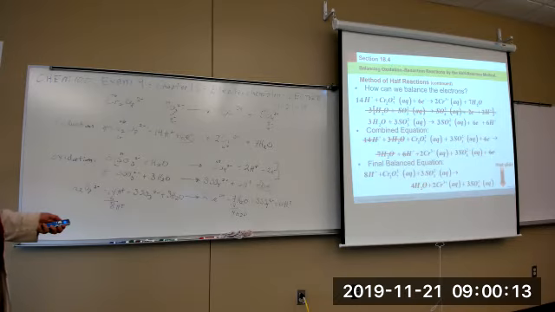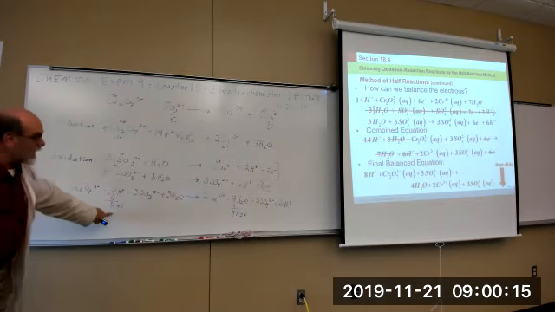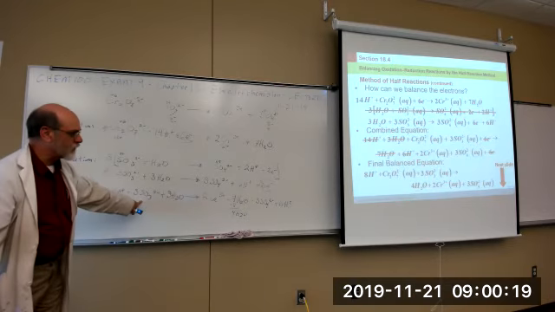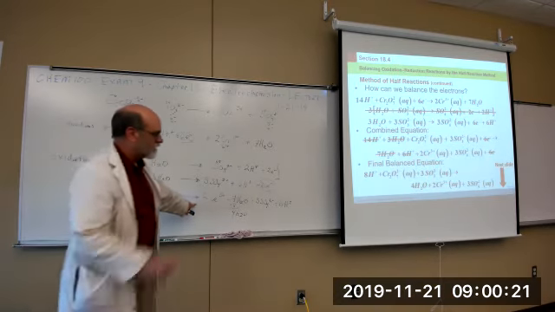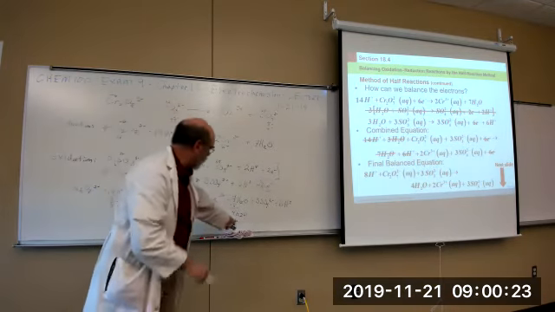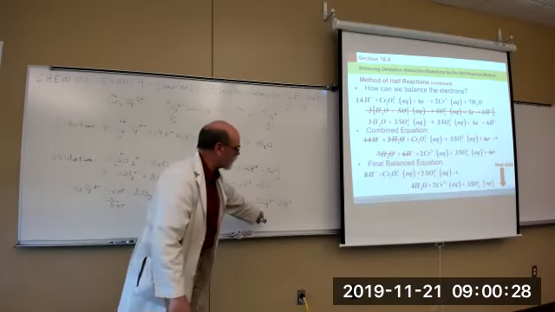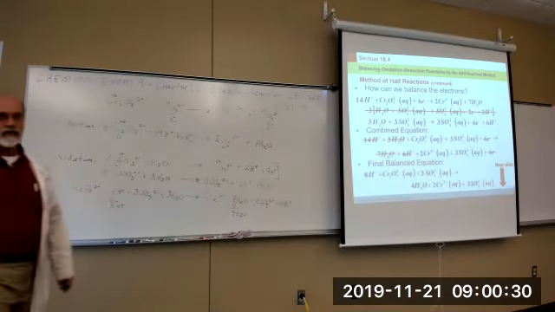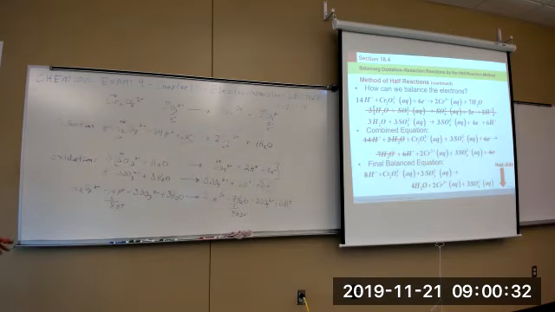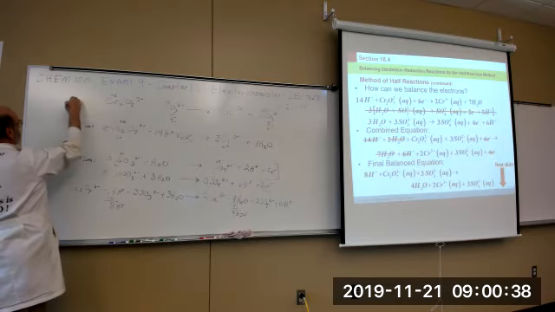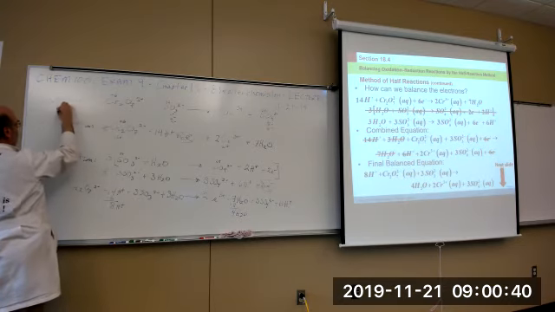And the final balanced equation is that one. 8 hydrogens, 1 dichromate, 3 sulfites, and then 4 waters, 2 chromium-3 pluses, and 3 sulfates. That's your balanced equation by the half reaction method. And this is the half reaction method for acid solutions.